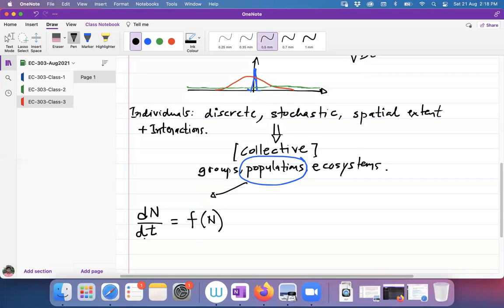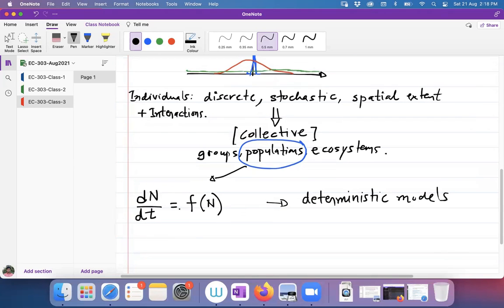And we wrote down an equation. Was there any element of stochasticity here? No. So these are called deterministic models. Was there an element of space in them? Again, no, because we lumped all of them into population size n, and we were not worried about how they were spread in space.